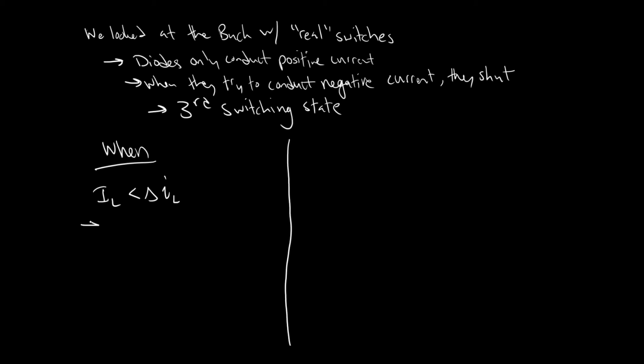Maybe really we should be saying when ID of t, the diode current, equals 0. If this happens, then we go into DCM, and generally it happens when the ripple of the inductor current is larger than the average. So we came up with some equations using this expression.